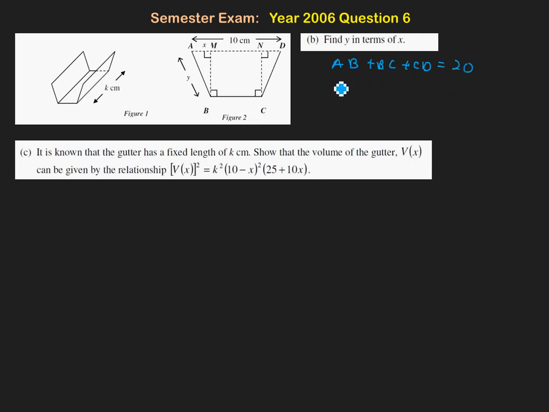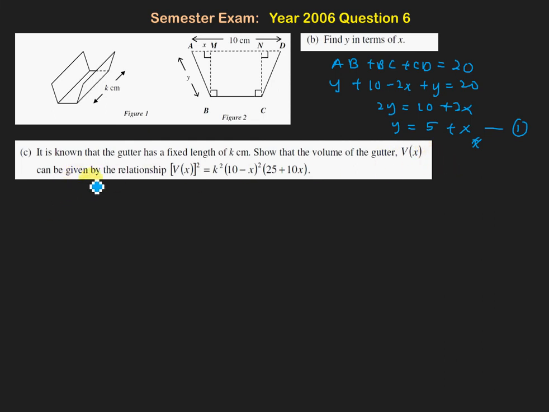Well, AB is actually y, and BC is in fact 10 minus 2x, and CD is also y, and the sum is 20. If you rearrange this, you get y equivalent to 5 plus x. So this is a relationship that we obtain.